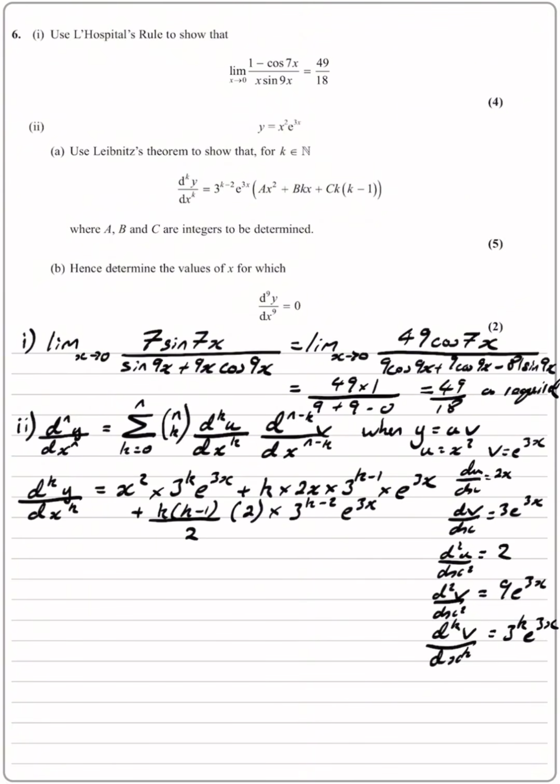Leibniz's theorem. So the x squared times 3 to the k e to the 3x, and then so on.